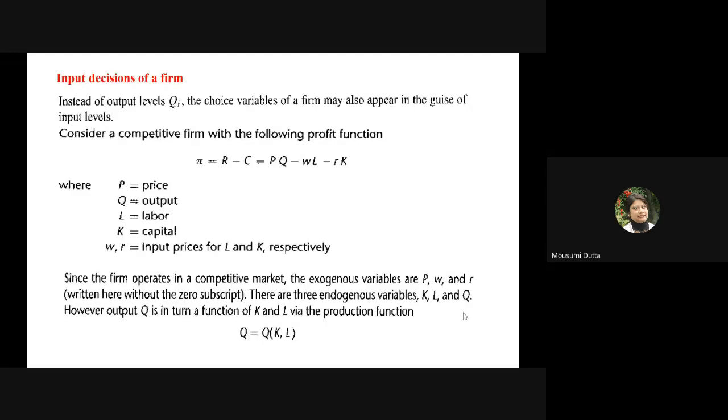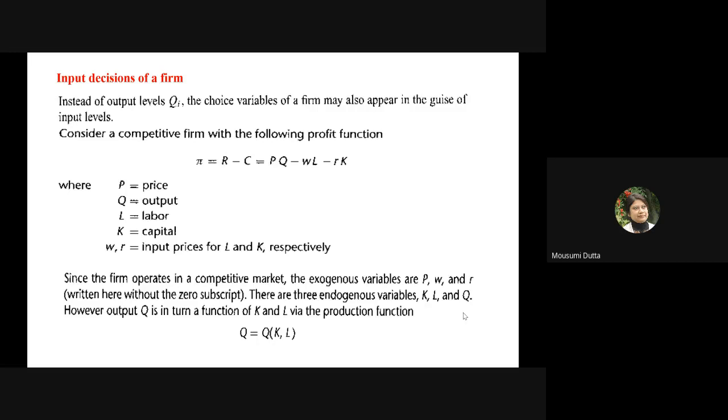If the profit equation is written as total revenue minus total cost, this can be presented in this format: PQ minus WL minus RK, where P is the price, Q is the output, L is the labor, K is the capital. Price, W and R are considered as the parameters of the model.